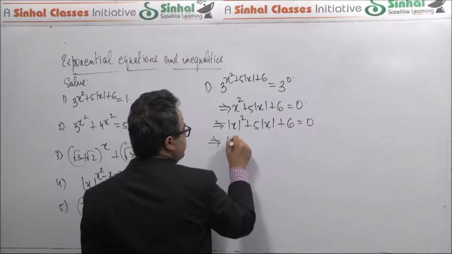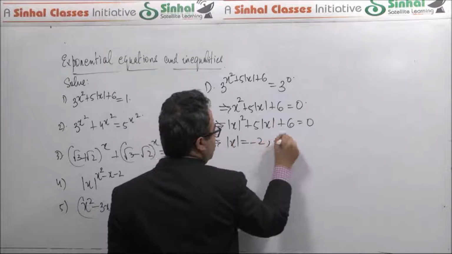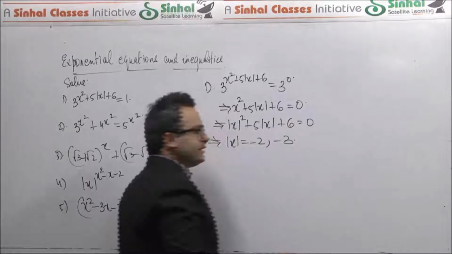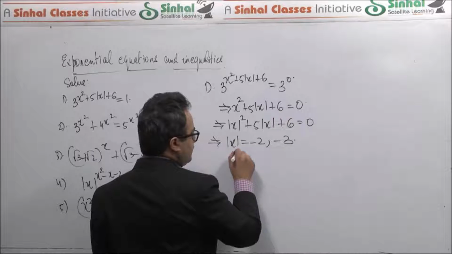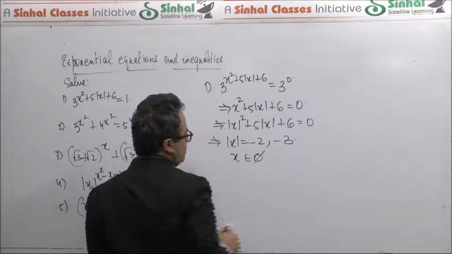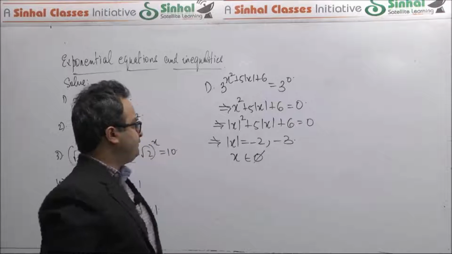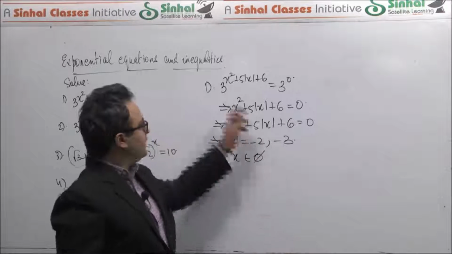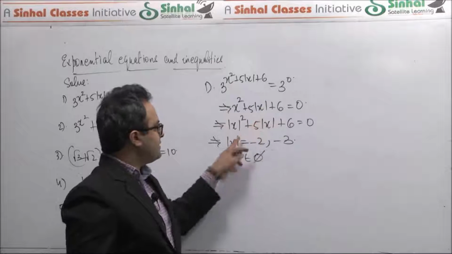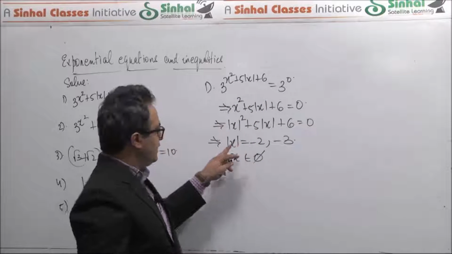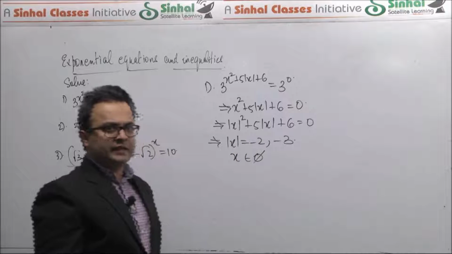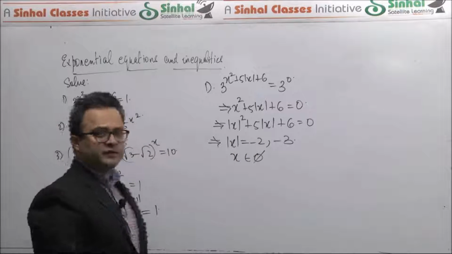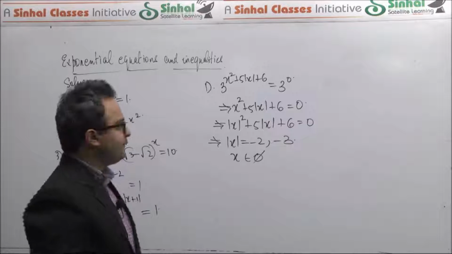So from here I can say that mod of x could be either -2 or -3. And we've already seen that mod of x cannot possibly be negative. So there are no real values of x from here. Bases are the same, equate the exponents, you get a quadratic in mod of x. You get the values of mod of x as being -2 and -3, but both values are clearly unacceptable. So the answer for the first question should be null set.